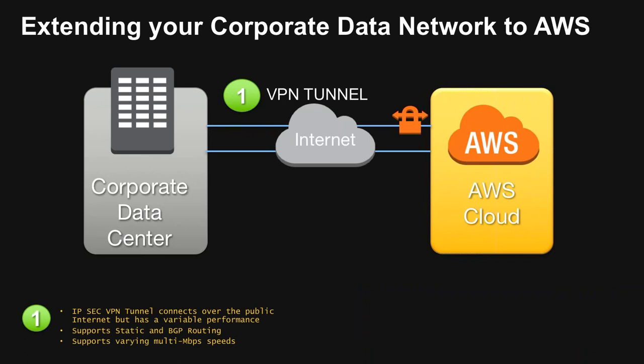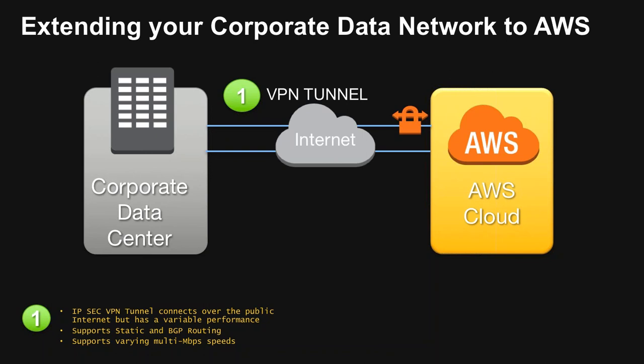This is an IPsec tunnel that's built between your data center and the AWS cloud. In fact, this is a connection between your corporate data center and a VPC within the AWS cloud. We support static and BGP routing across VPN tunnels, and we support varying multi-megabit per second speeds.